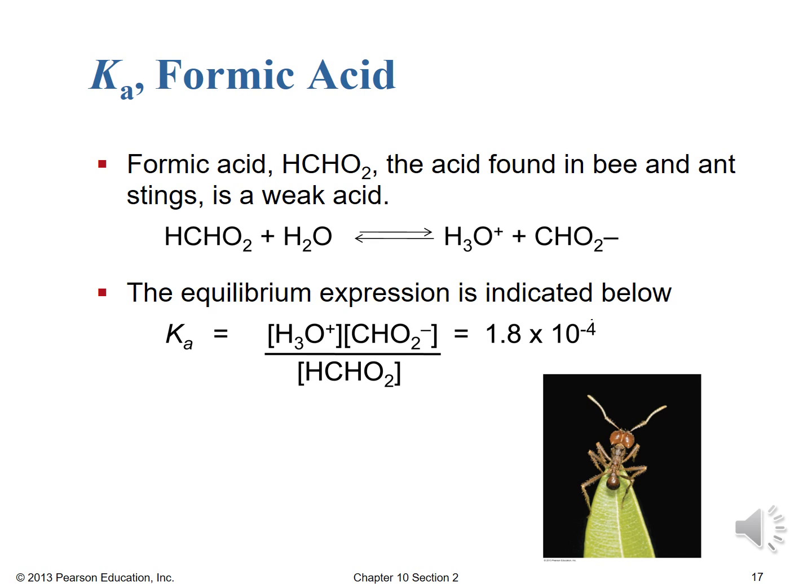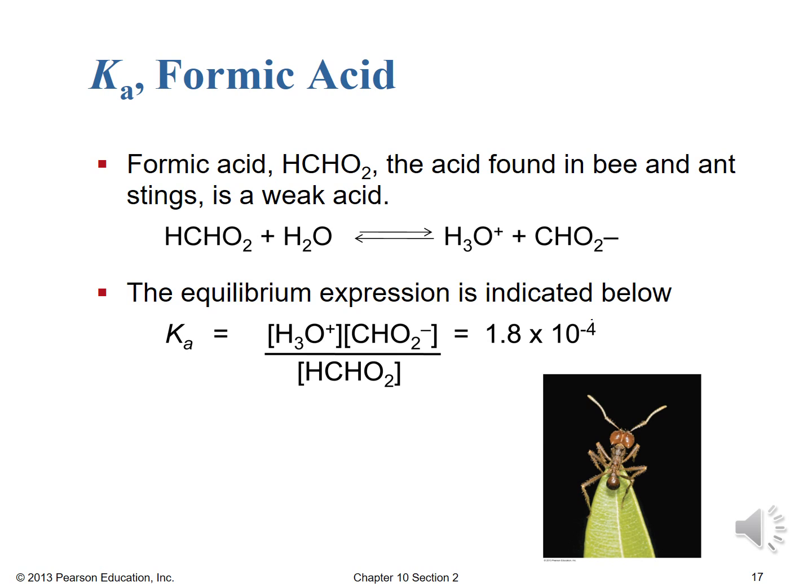So let's look at a Ka for a specific weak acid. Formic acid, HCHO2, the acid found in bee and ant stings, is a weak acid, so it's an equilibrium process. The HCHO2 interacts with the water in an equilibrium, a reversible reaction to yield H3O plus and CHO2 minus. The equilibrium expression for this process, Ka equals, again, the H3O plus concentration times the CHO2 minus concentration.